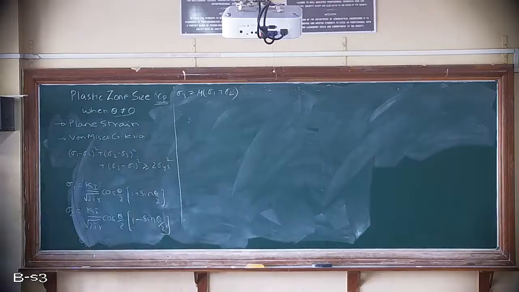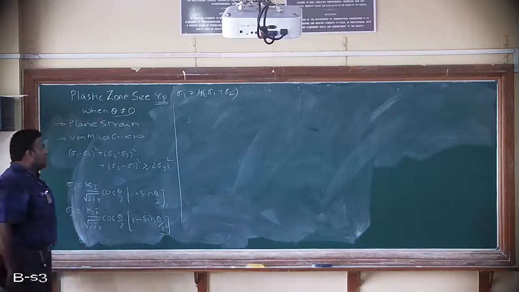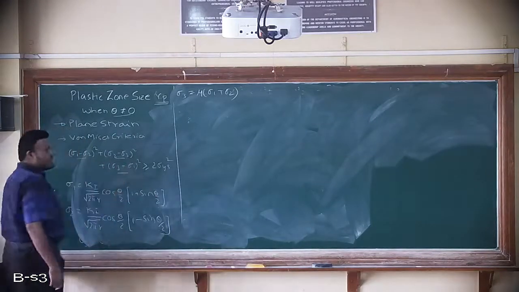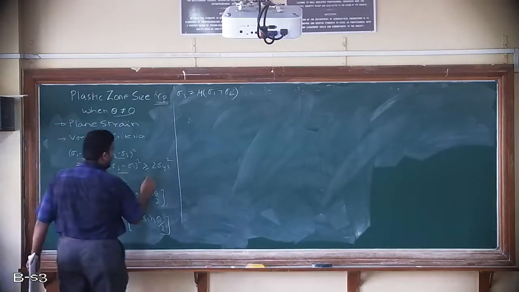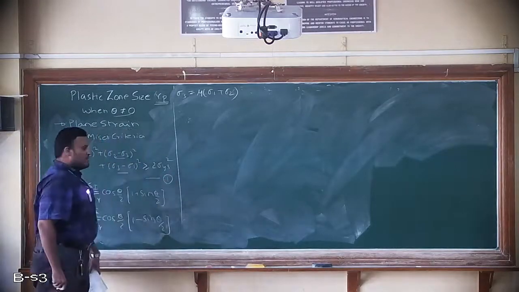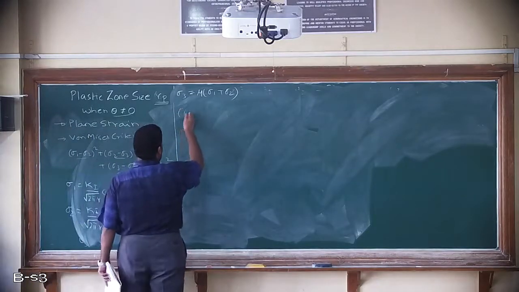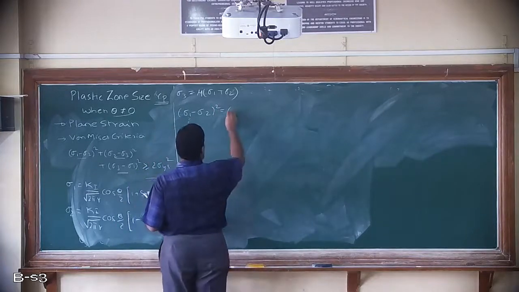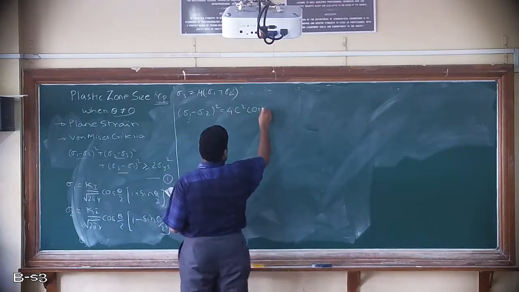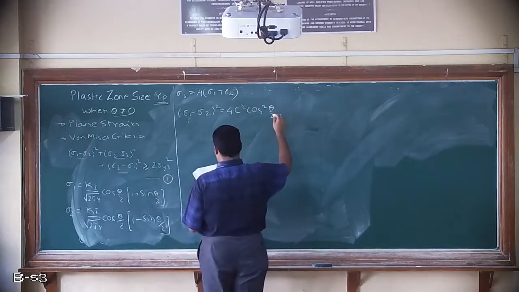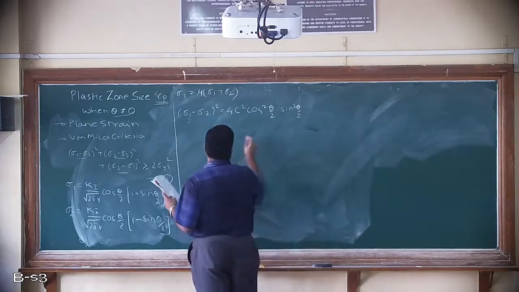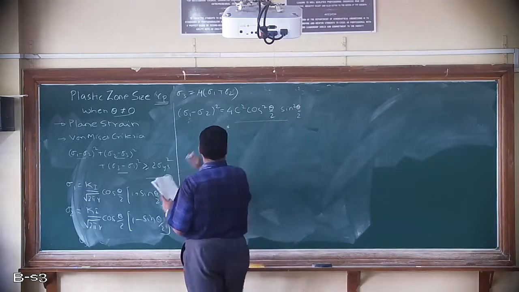Now, we shall determine each of these terms and substitute in this equation. So you can take this as equation number 1. Here we have already seen sigma 1 minus sigma 2 the whole square is equal to 4 c square cos square theta by 2 into sin square theta by 2. Now here you can write a note.